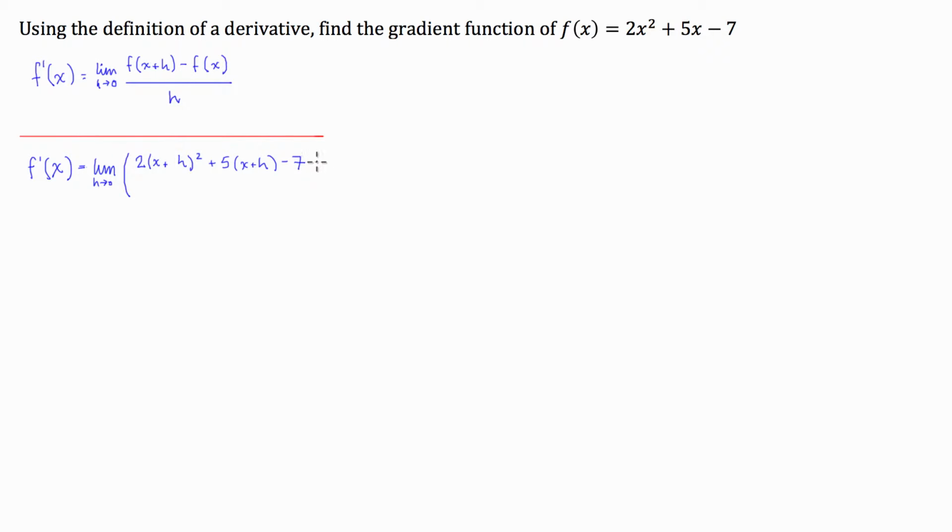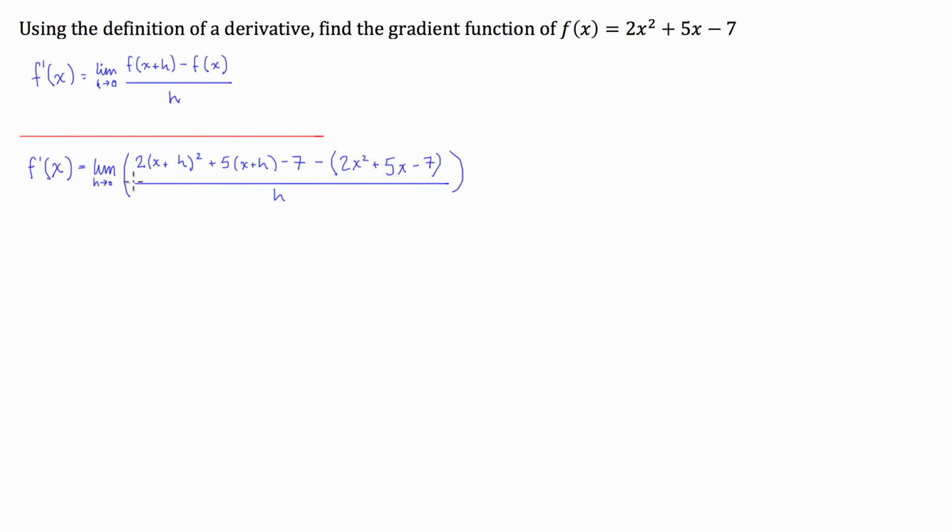So we have to minus then the function at x, which I'll just put in brackets as well, which is just 2x squared plus 5x minus 7. And this, remember, is all divided by h. Cool.